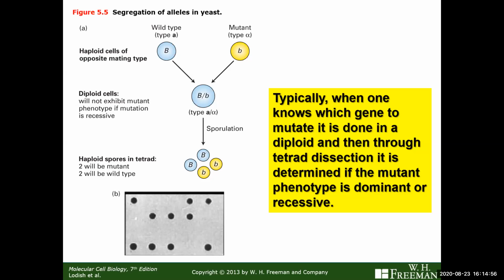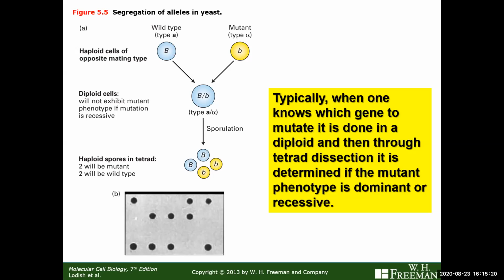Now, please note that 4 spores were placed on each of the verticals, but only 2 grew, because the mutation is such that, B is a recessive mutation.